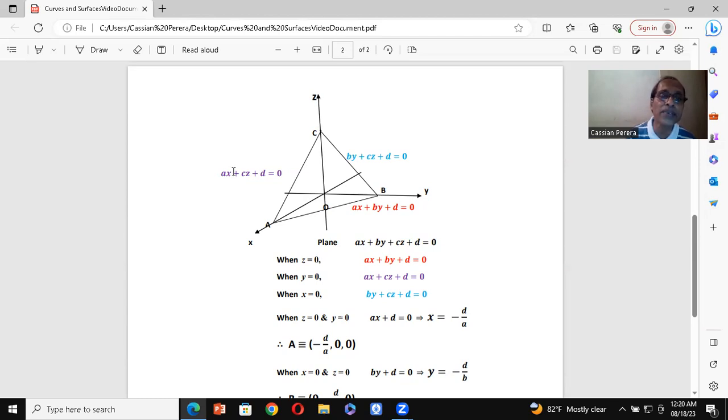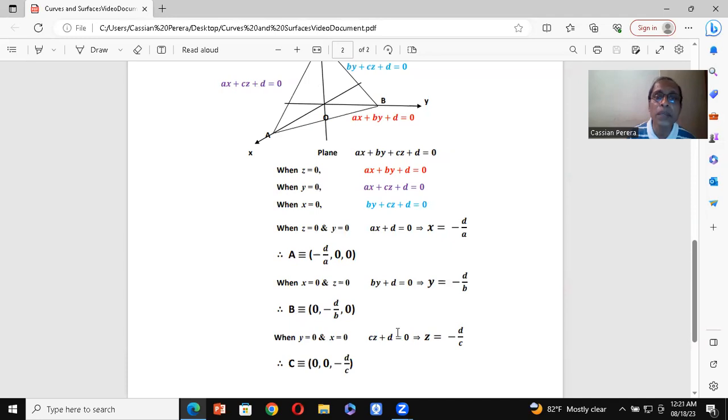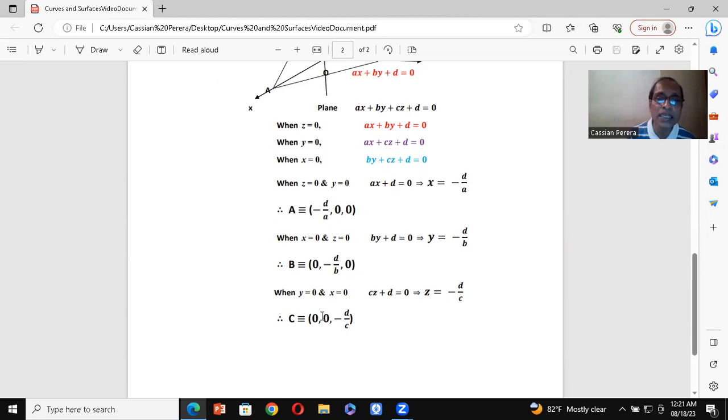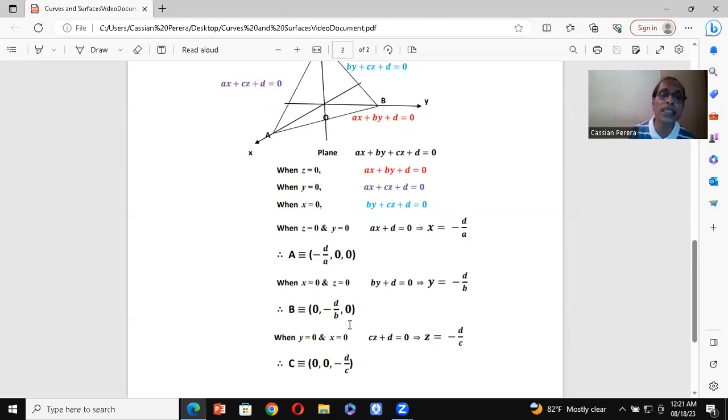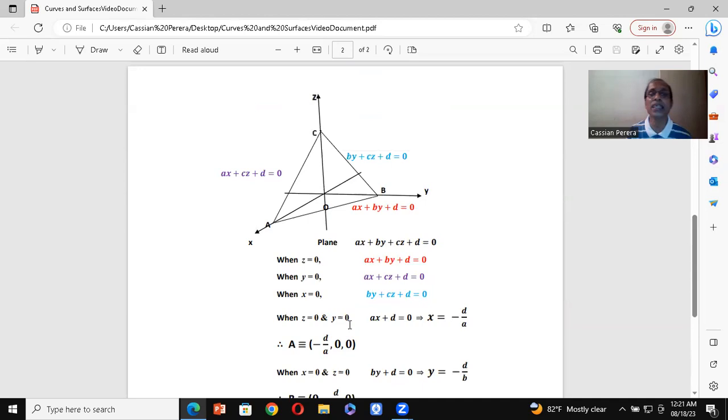Therefore, if you put x equals 0 here, then we get cz plus d is equal to 0. Z is equal to minus d upon c. Then we get x equals 0, y equals 0, z equals minus d upon c. Then those are actually the coordinates of the three axis cutting points.